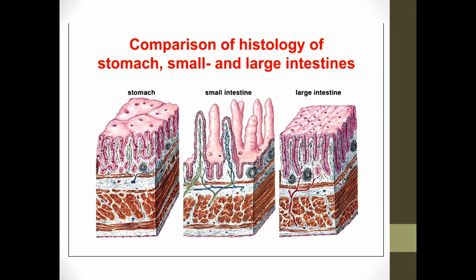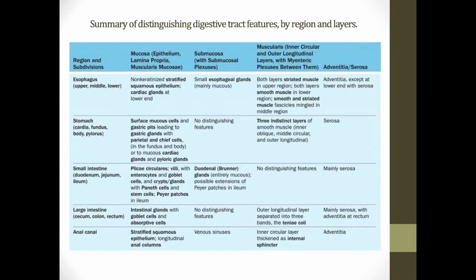And now I'll show this table, in which all these structures are listed. At first, the esophagus. Which subdivisions does the esophagus have? The upper part, the middle, and the lower part.